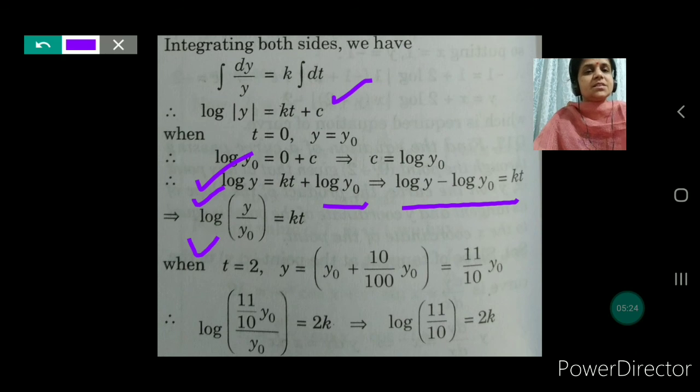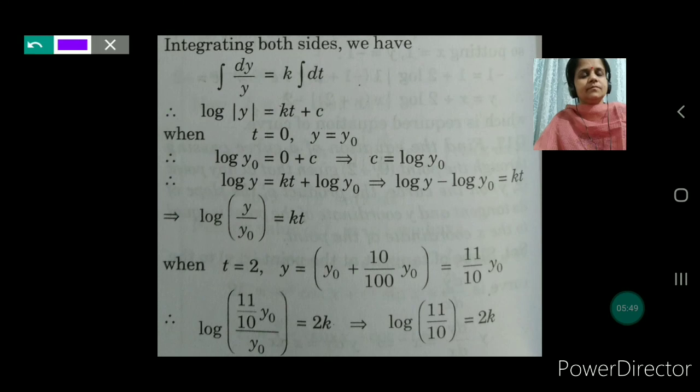And when t is equal to 2, y is equal to y naught plus 10 by 100 y naught, since it is given in the question that the rate of growth is 10%. Now take LCM and solve. You will get 11 by 10 y naught. So students, in this equation, substitute y is equal to 11 by 10 y naught. So log of 11 by 10 y naught upon y naught is equal to 2k.